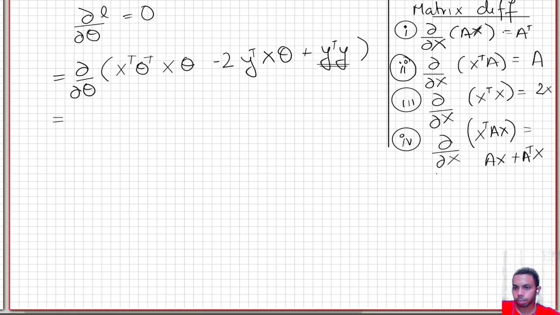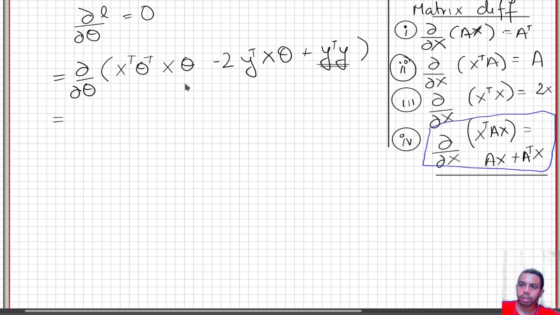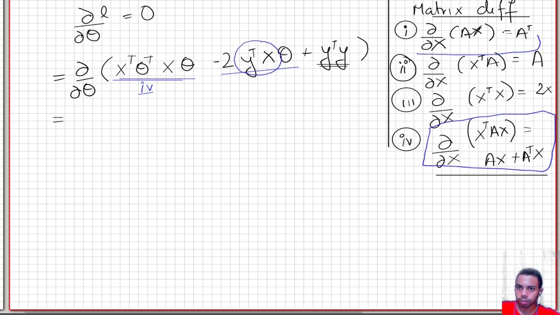Now let's apply this property number 4 that we have over here. Let's look at this one, the first one. There's this constant which is multiplied by the variable we are concerned with. So let's do that.